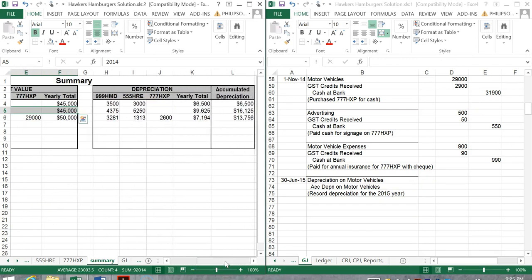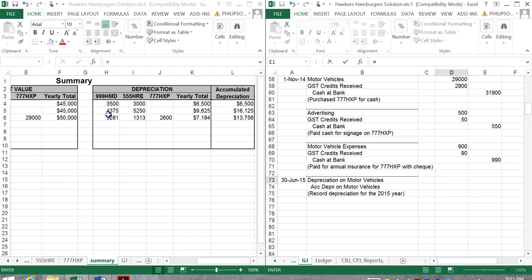Now just be careful here, because we've already posted our depreciation on HRE. So we just want depreciation on these two here at the end of the year, because we no longer own HRE and we've already posted this ledger up to date of sale. So our depreciation equals that plus that. Okay, 5881 equals that figure there.